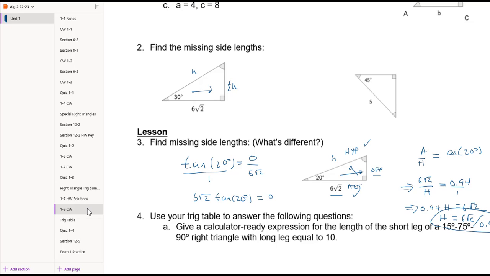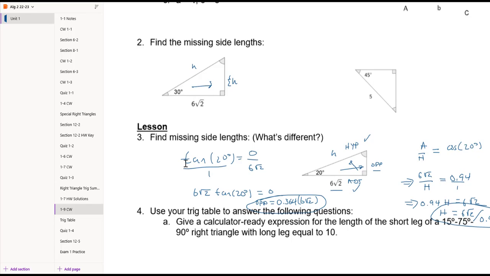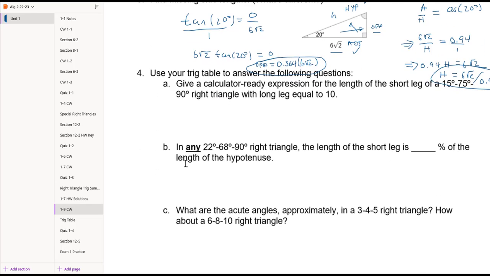So the side that we're looking for, the opposite, so we know it's not 0, is equal to 0.364 times 6 root 2. And again, we have a calculator-ready expression. On an exam without a calculator, you would stop right there. In homework, you could get the correct answer, the decimal approximation.